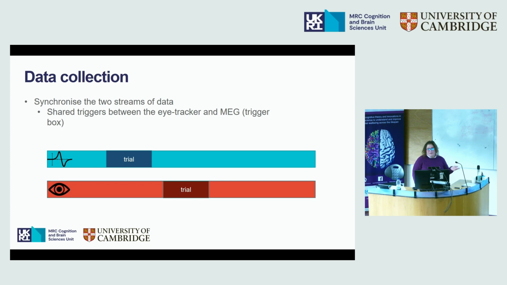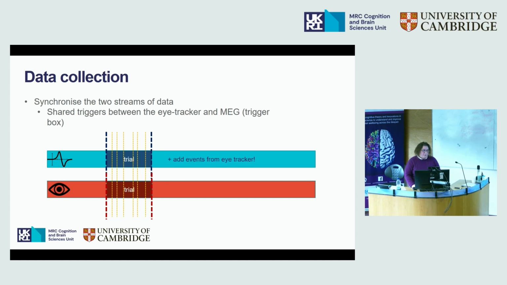And in order to make sure that we can use information from the eye tracker to analyze brain response, we need to make sure to send triggers that are as synchronous as possible, so to send triggers at the start and at the end of each trial, so as to be able to then align them and import information from the eye tracker to the MEG data, so that we know what participants are looking at, if it's a visual experiment, and use that information to study evoked responses.